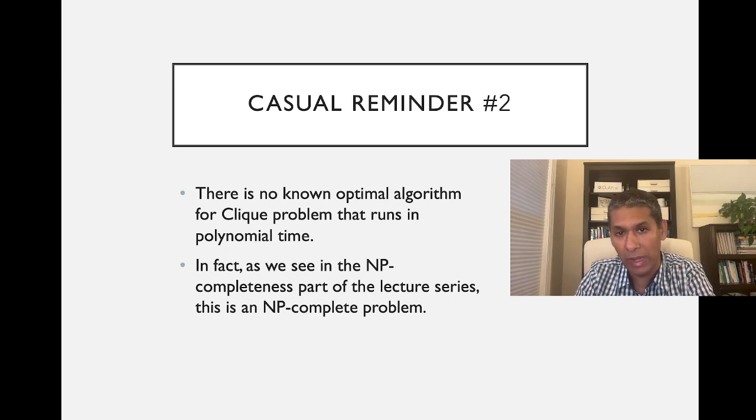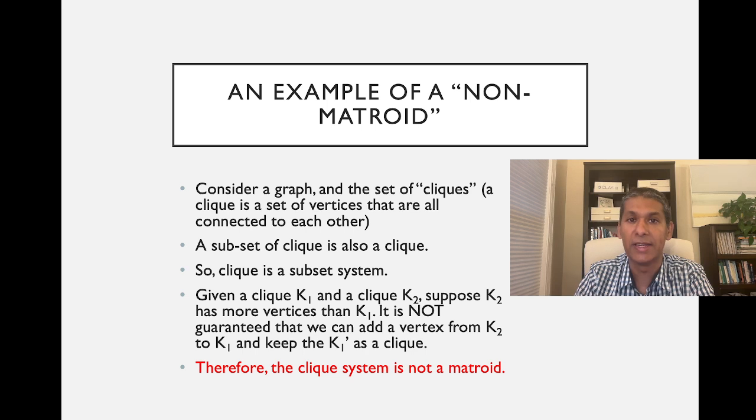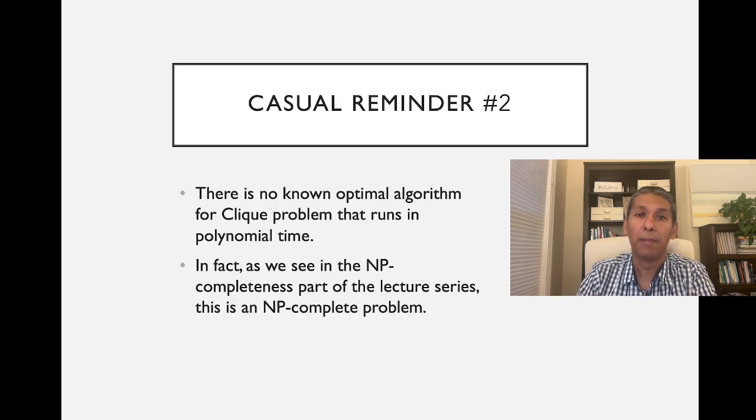In fact, there's no known optimal algorithm, but specifically, let's say we limit ourselves to greedy algorithms. No greedy algorithm is known to us that can solve the clique problem. In fact, the observation here suggests that a greedy algorithm will never be able to solve it. If some other algorithm is found, then that will solve the P equals NP problem as well. But there you have the two connections here.